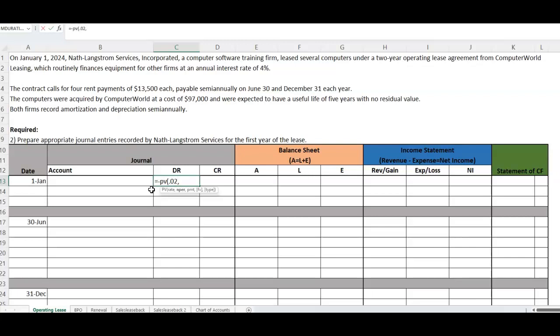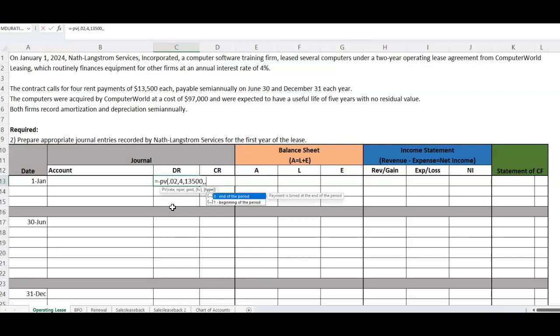My apologies, I read that wrong. It would be 2%. So our periods here, it is a 2-year at twice a year, so it's 4 periods, which they tell us right there, 4 rent payments. They're payable semi-annually. So since that's an annual rate of 4%, we have to bring that down. And then we're going to do our payment amount, which is $13,500.